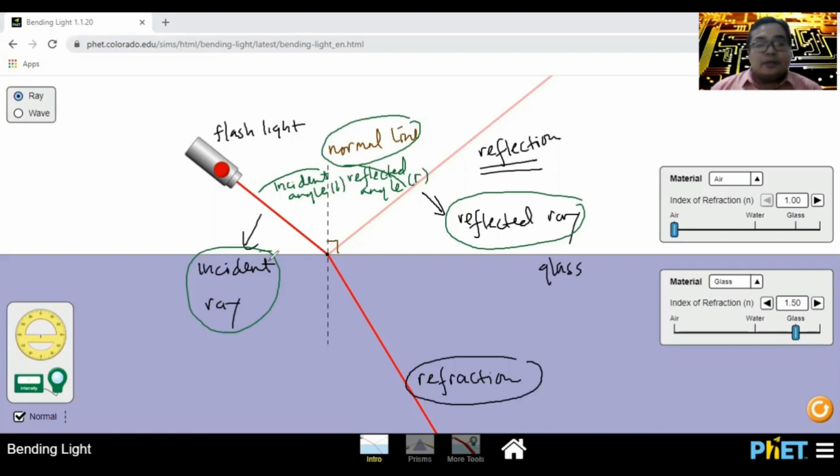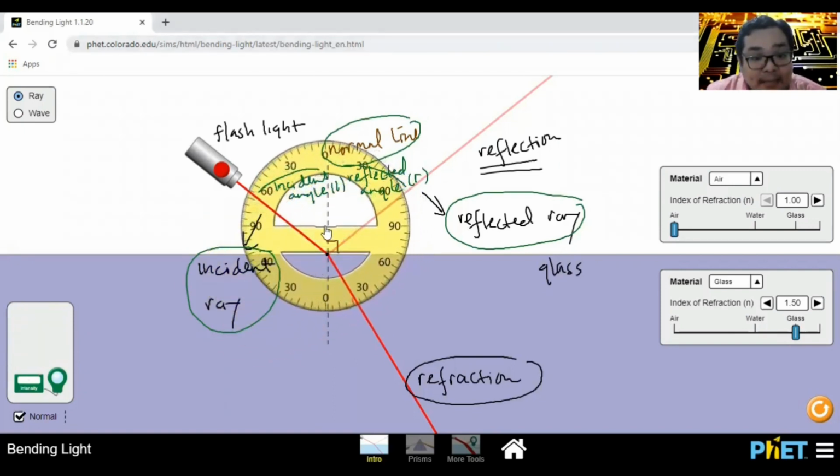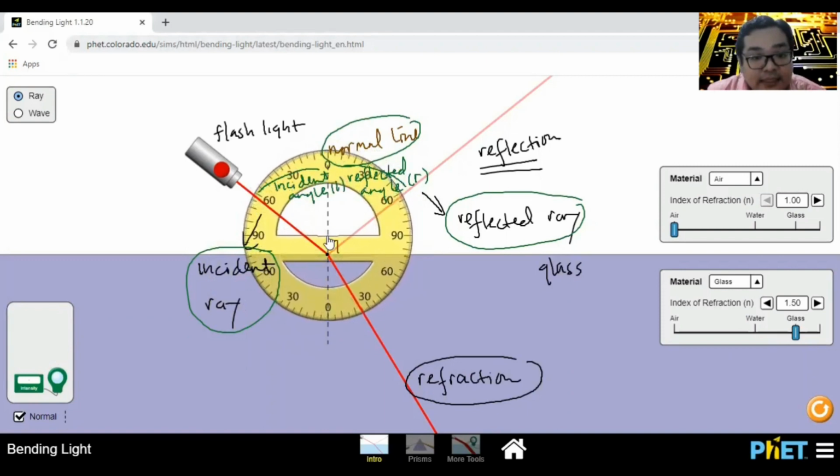Now we're going to check the angles. I'm using a protractor provided here, and I put the 0 degree exactly on the normal line like this. So what do you think? What is the angle of this? It's more than 50, let's say 50 or 60. Yes, 60. It is 62. So we got the angle of incidence, which is 62 degrees.